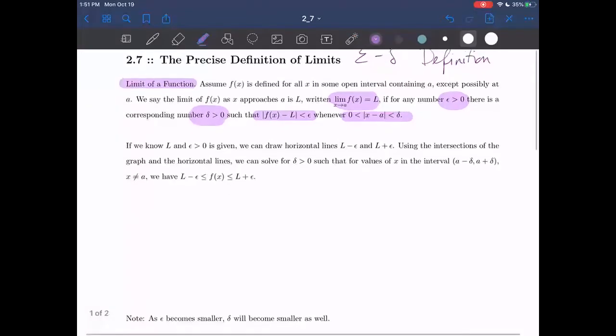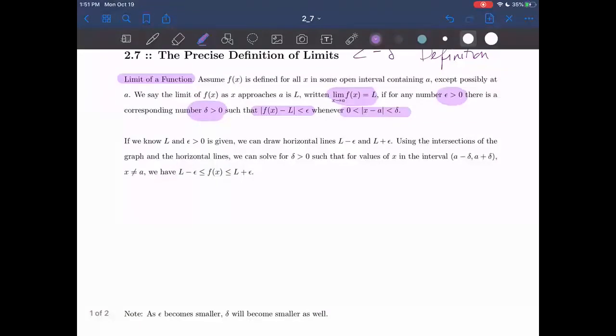A lot of the ways you'll see this is if we know L, what our limit is equal to, and epsilon greater than 0 is given to us, then we can draw horizontal lines, L minus epsilon and L plus epsilon.